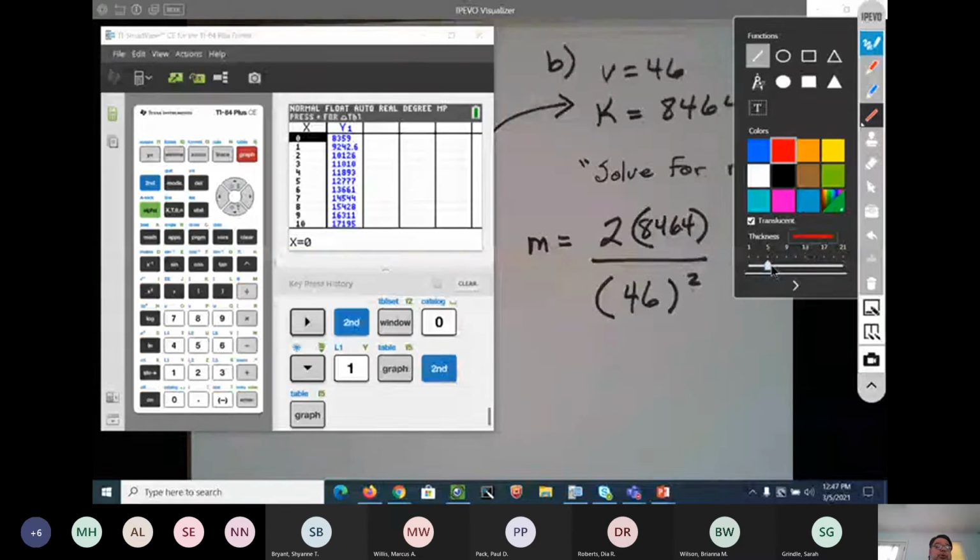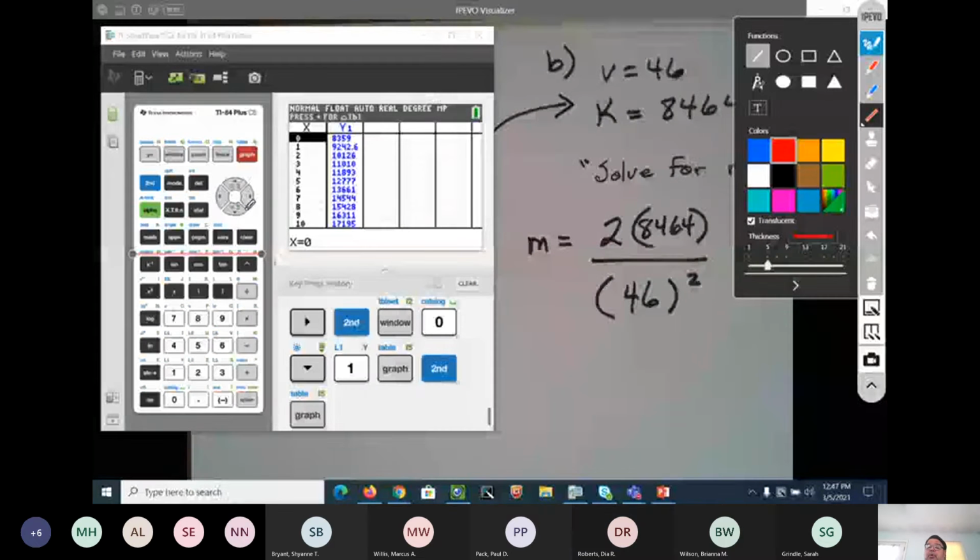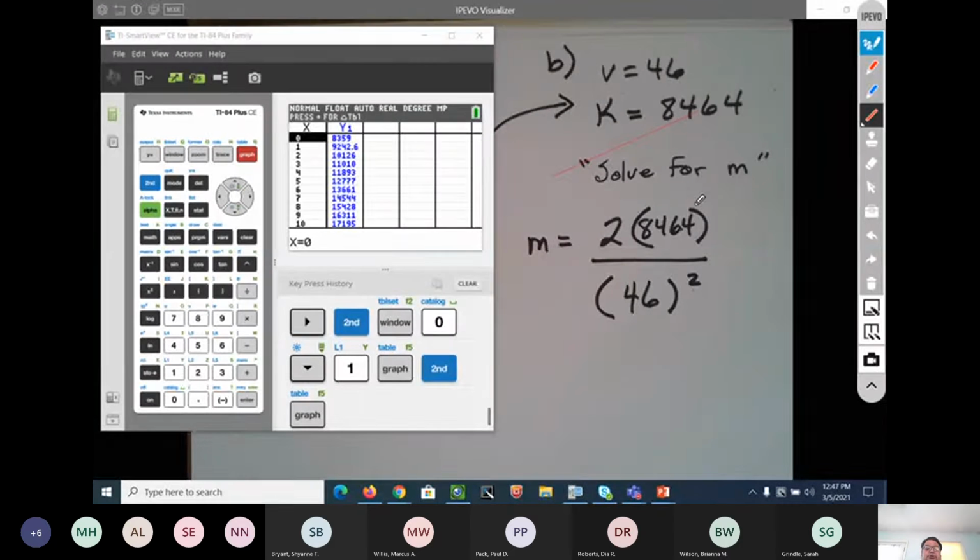If you're told to use a TI 30, then everything below that line is pretty much the same. You just have a little screen where you don't have this big screen. In fact, I would highly suggest you get a TI 30 or look at it at the store or on Amazon to see what it actually looks like. And then you'll see the difference between the two.